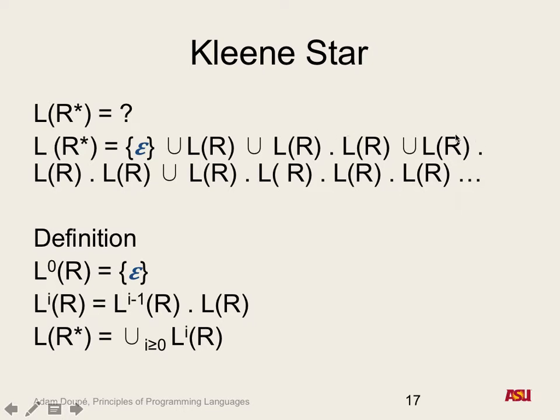When we look at three-character strings like L(R)L(R)L(R), this is all strings that match the regular expression, concatenated together. It doesn't matter what matched in here, here, or here. All possible combinations are valid.